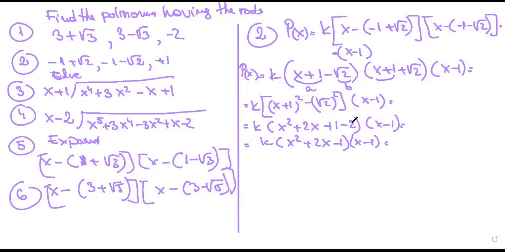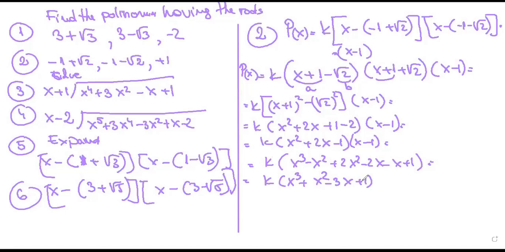And then you FOIL, so that becomes x to the 3 minus x squared plus 2x squared minus 2x minus x plus 1. Then collect like terms, which becomes x to the 3 plus x squared minus 3x plus 1. And this is a family of polynomials having the given x-intercepts or given roots.